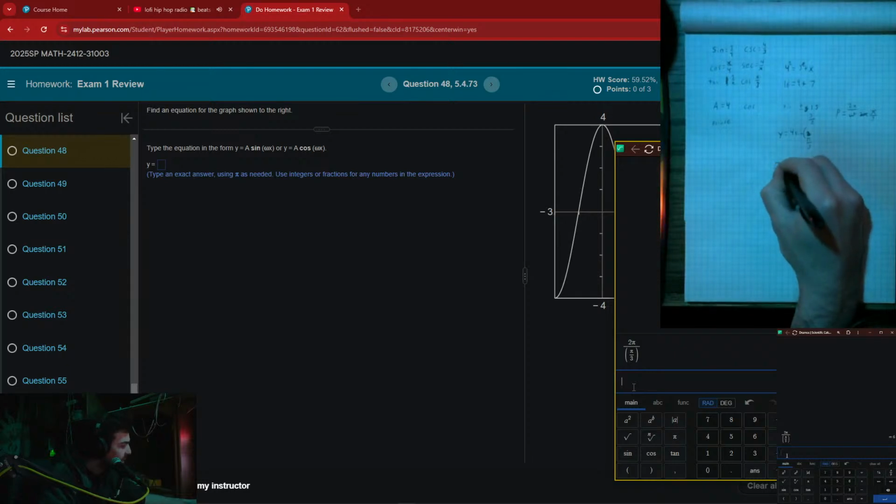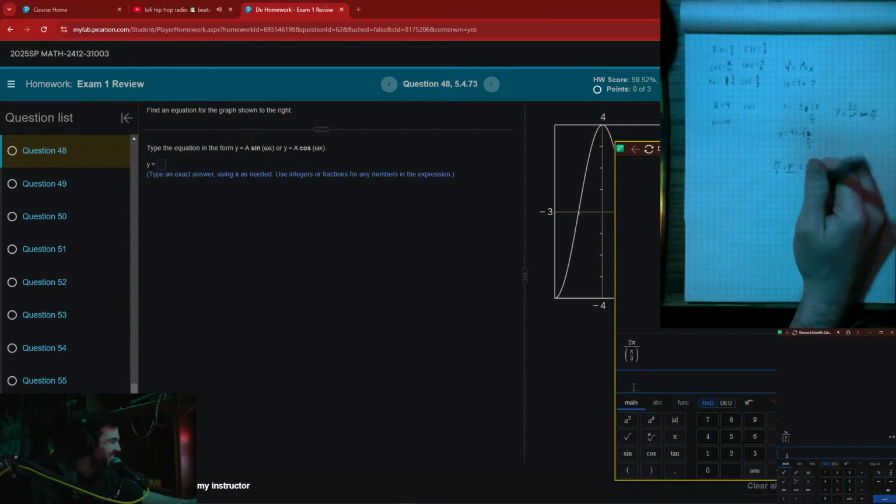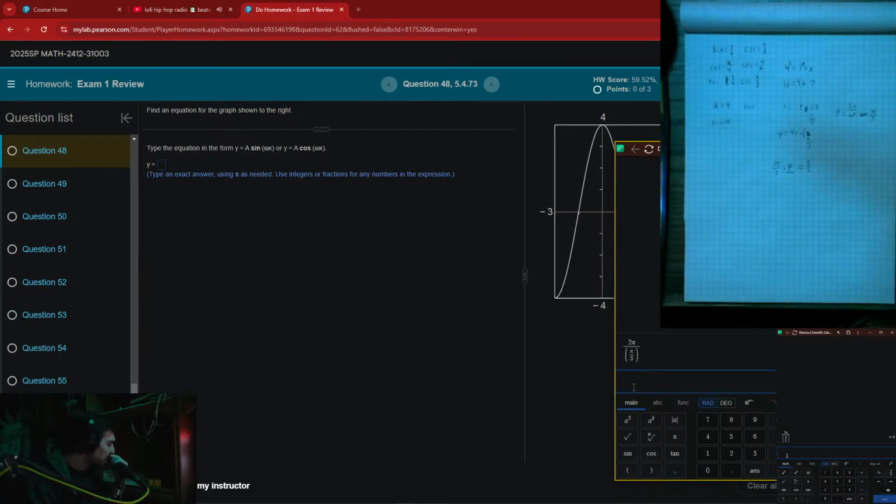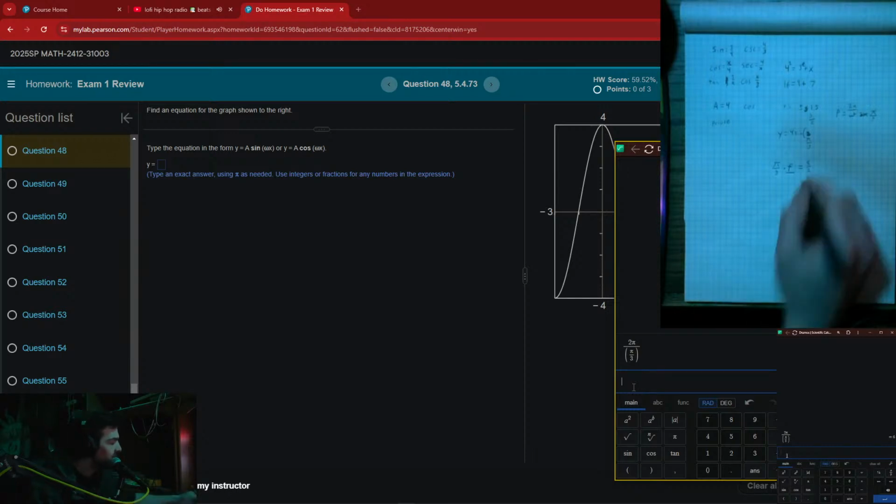Pi over 3 times blank equals 3 halves. So why is that? Oh yeah, it's because this is where our phase shift is.